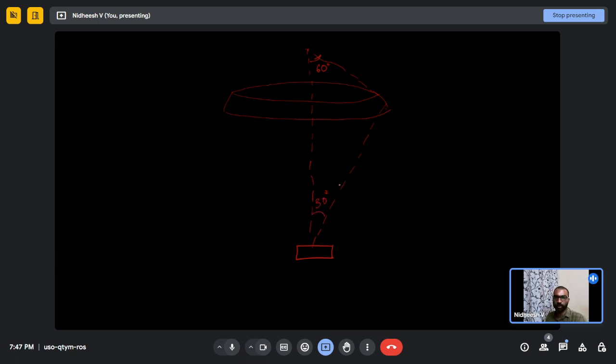This is given to us in the question. So if this angle is 60 degree and this angle is 30 degree, this angle is clearly 90 degrees, right?